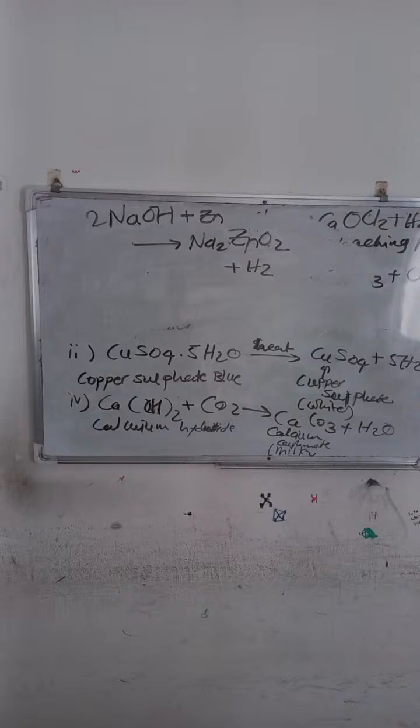What do you mean by biodegradable substances? Biodegradable substances means the substances that microorganisms can break down into natural, simple, harmless substances. Okay, don't write only this. Many times students write that biodegradable substances are the substances which are broken down by microorganisms.